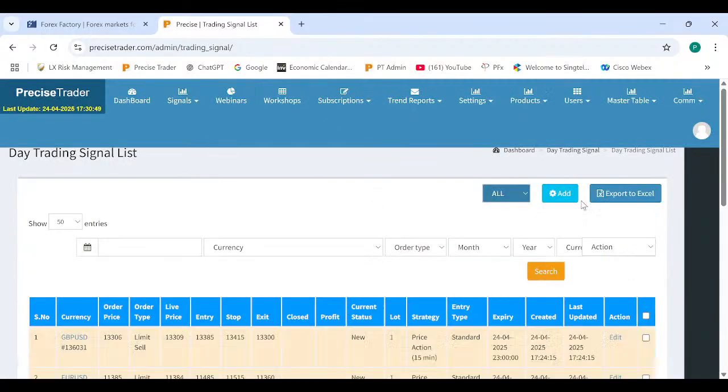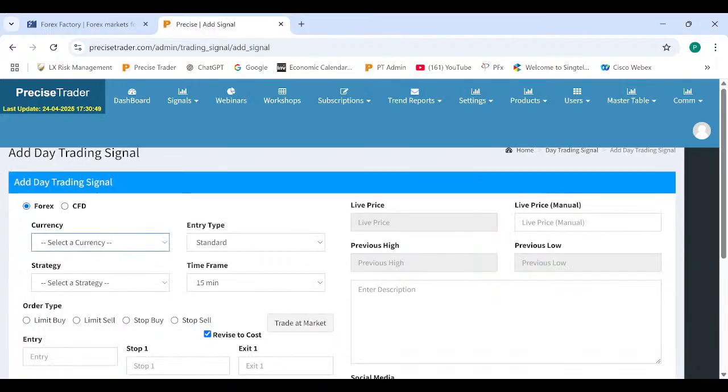Okay, then we can go for a day trading call. Okay, 141.80 or 85.